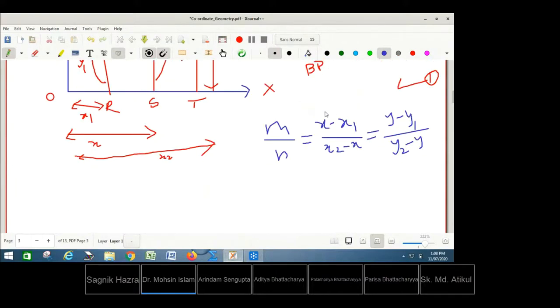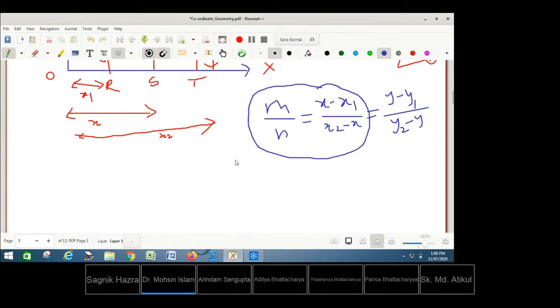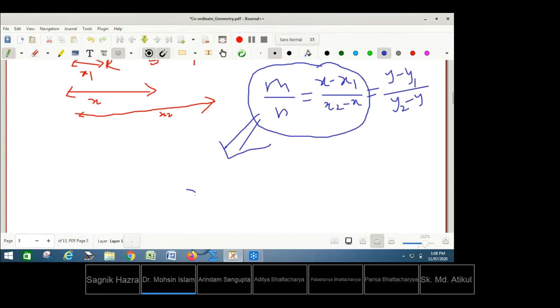So if you take the first two ratios and simplify, you can check the calculation, it will give you x.